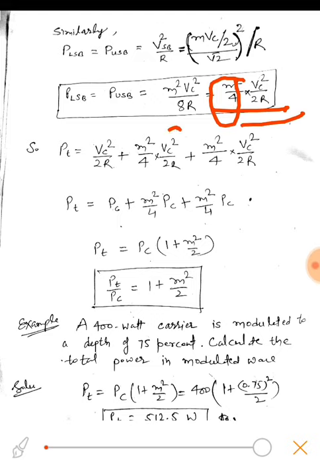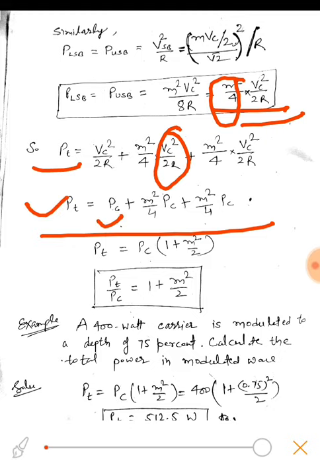Vc square by 2R is nothing but the carrier power. If we write the total power in terms of carrier power, it would become Pc plus m square by 4 Pc, that is the lower side band power, and m square by 4 Pc for the upper side band. Both of them have the same magnitude. Upper side band power is equal to lower side band power.